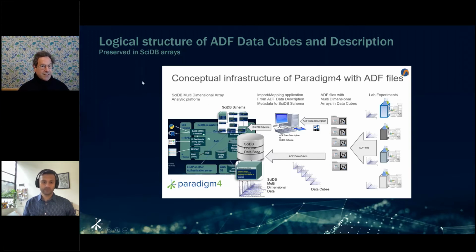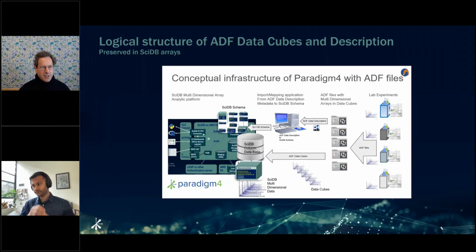So SciDB is the scientific database that was created by Mike Stonebraker, where data is represented on disk as an n-dimensional array or a vector. So that's unique. And it's not stored as a file. It's not stored as a table, which you can think of as just a 2D array. It's stored as an n-dimensional array where you use dimensions to substitute for indices.